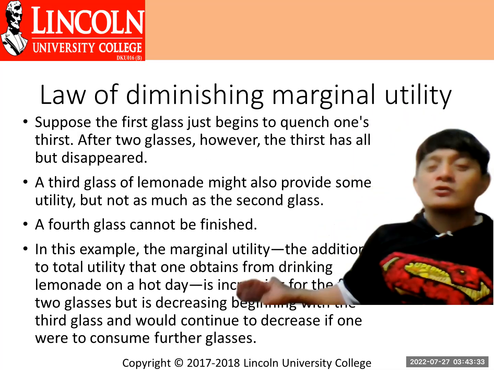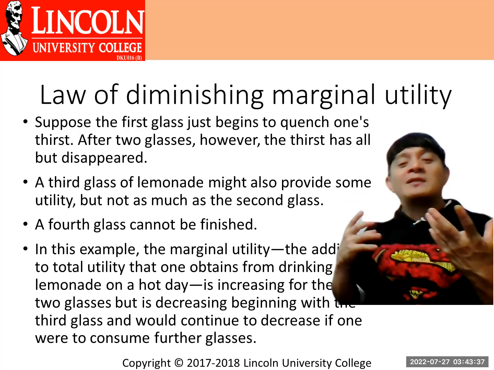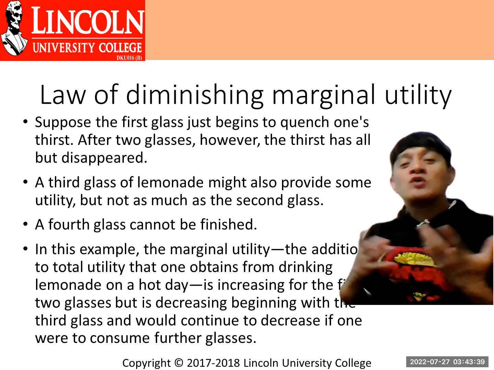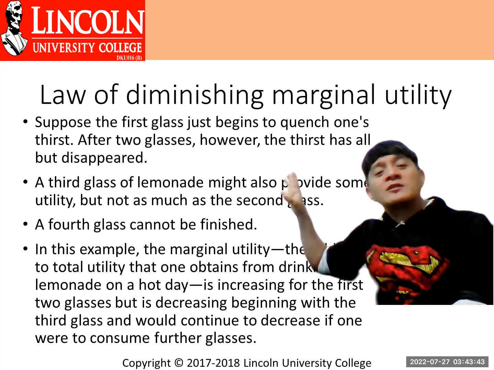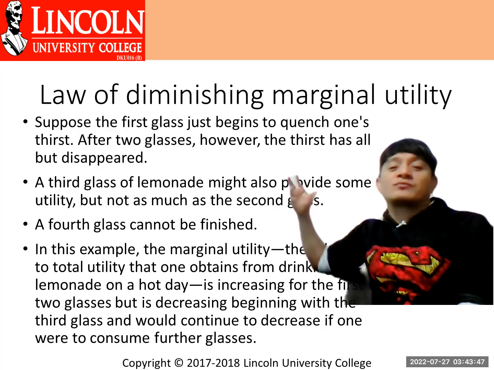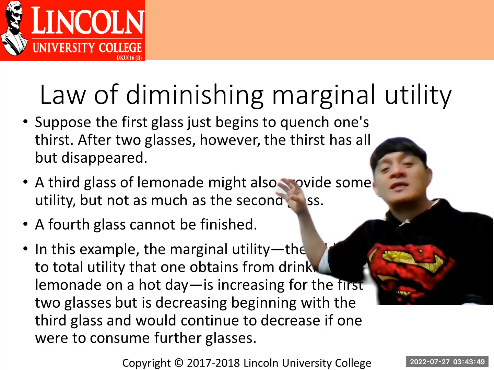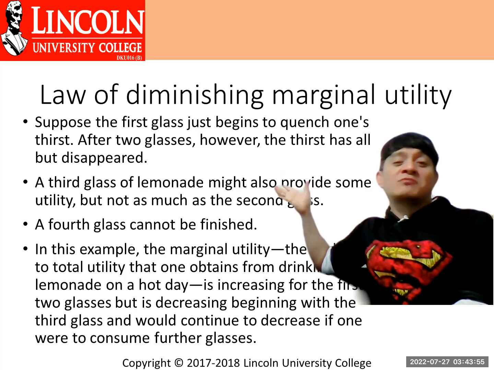Suppose, because it's diminishing, that means the value is going down. Suppose that the first glass just begins to quench one's thirst. Of course, you're giving out lemonade to quench thirst, and after two glasses, however, the thirst has all disappeared.